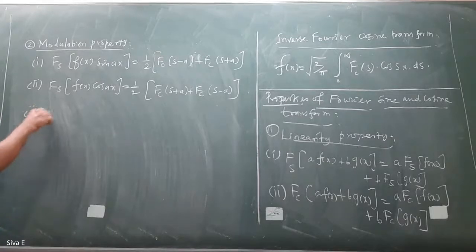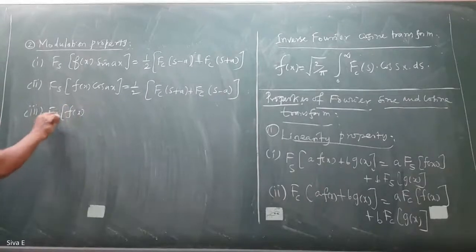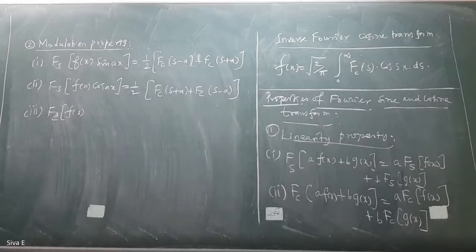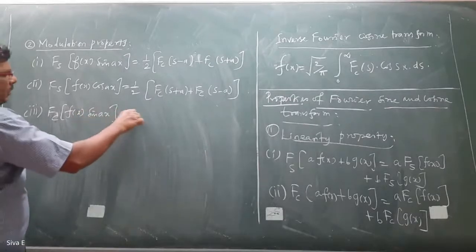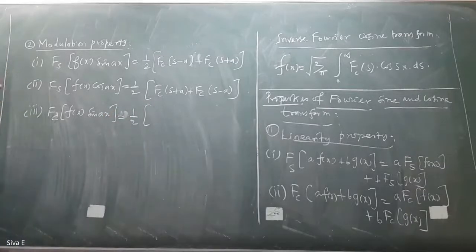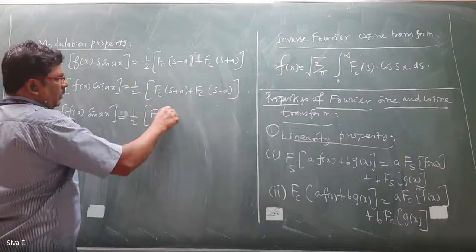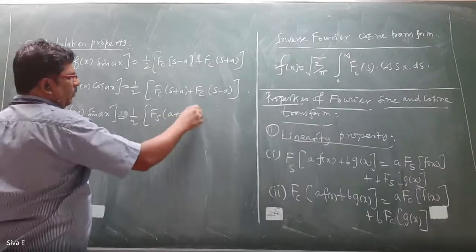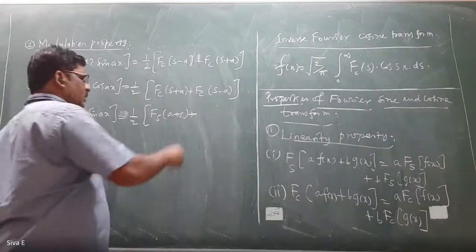Third one, Fc of f of x sin ax equal to 1 by 2 Fs of a plus s plus Fs of a minus s.